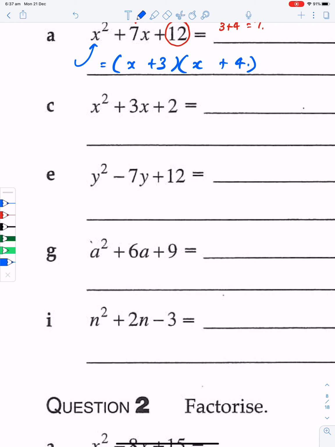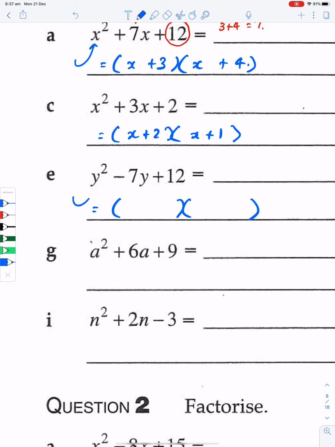Well, this is a very easy one, because the only numbers that multiply to give 2 and add to give 3 are 2 and 1. 2 times 1 is 2 and 2 plus 1 is 3. And that's done.